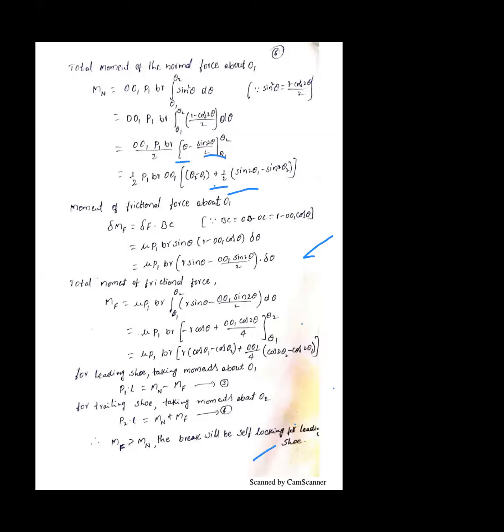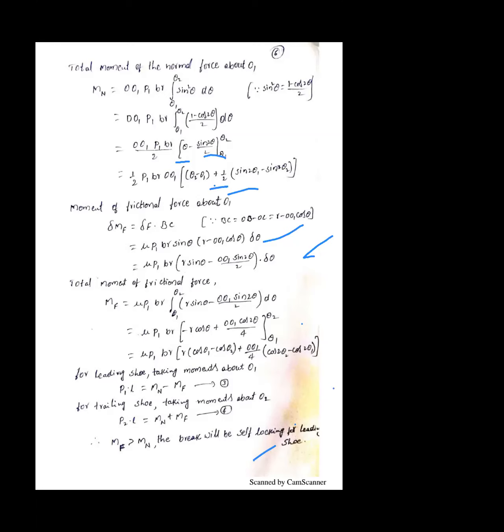Those values will be substituted here. Del F value is mu p1 b r sin theta del theta, and BC means r minus O1 cos theta. So mu p1 b r sin theta into r minus O1 cos theta del theta, which may also be written as mu p1 b r (r sin theta minus O1 sin 2 theta by 2).